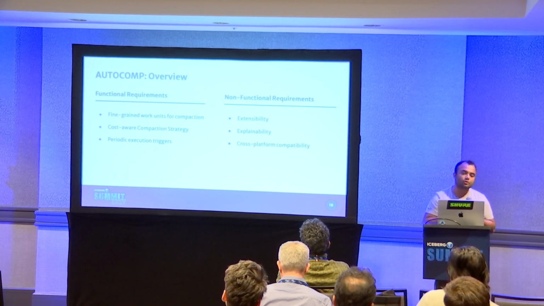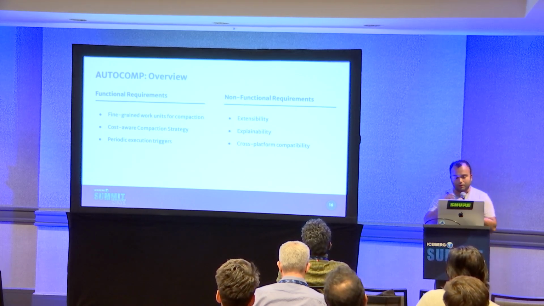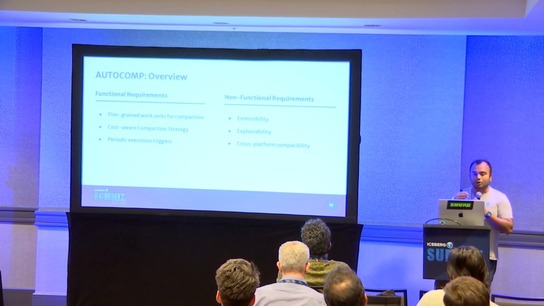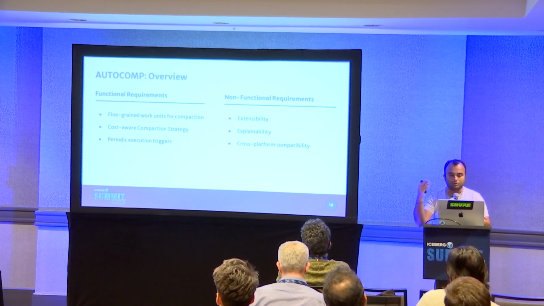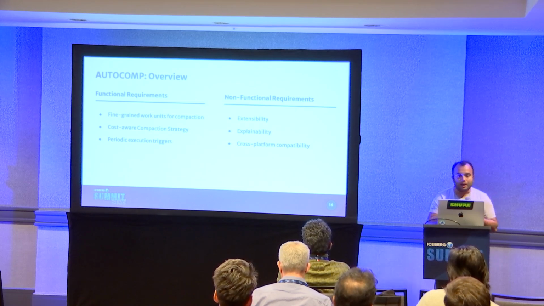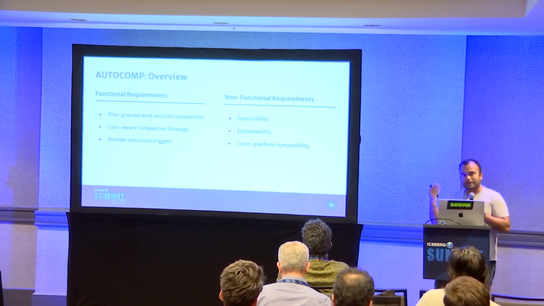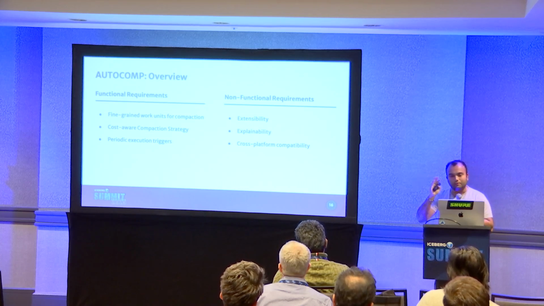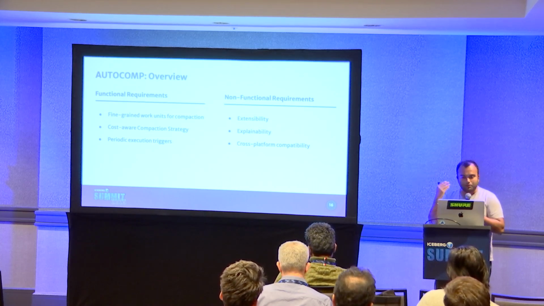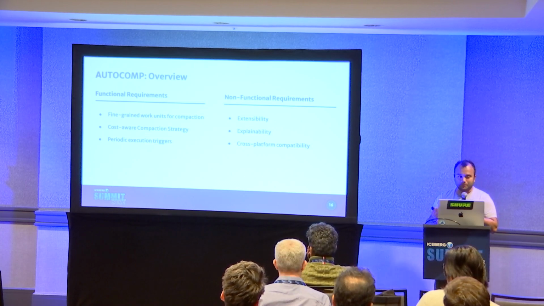Yeah, so for the non-functional requirements, we wanted it to be extensible. So right now, we are just doing simple compaction, but our vision is to like extend it to do sorting, Z-ordering, all those other data layout optimizations when they make sense. And finally, when you treat something as an optimization problem and you have to deal with trade-offs, you want to be able to explain easily how you're making decisions.